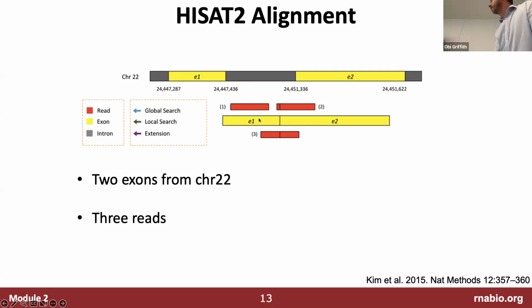And then you have 3 of these orange reads that fall into the transcript from this simple gene. So here's the transcript where exon 1 and exon 2 are connected and the intron has been removed. And now you've got 3 reads from this transcript, one of which is just inside one of the exons, and the other 2 are overlapping the exon-exon boundaries to different degrees.